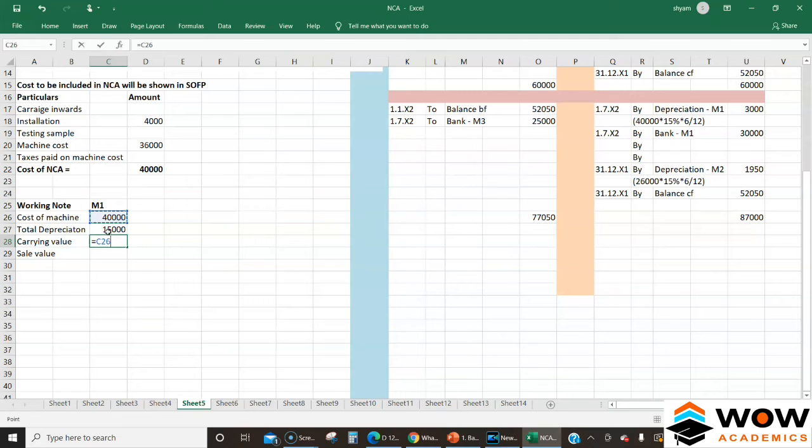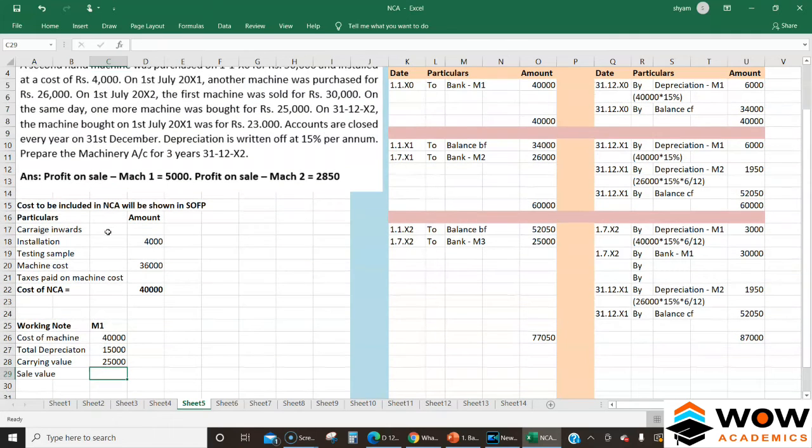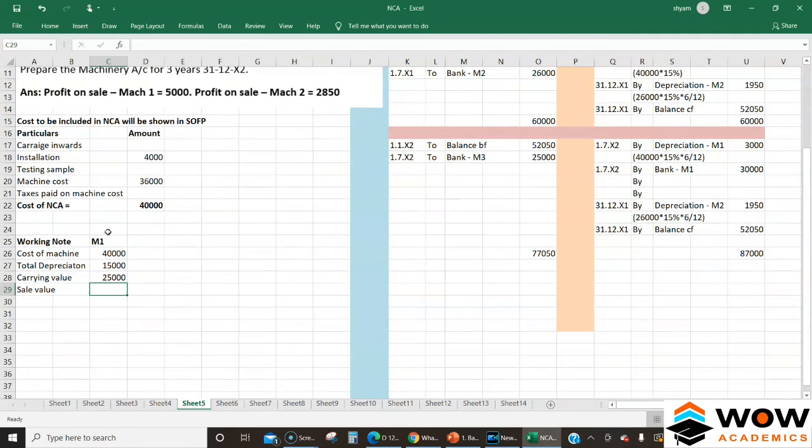The asset value minus the depreciation gives you the carrying value, the current worth of the machine. This machine was sold for 30,000. So 25,000 worth of machine was sold for 30,000. Is it a profit? Yes, it's a profit on sale of M1.